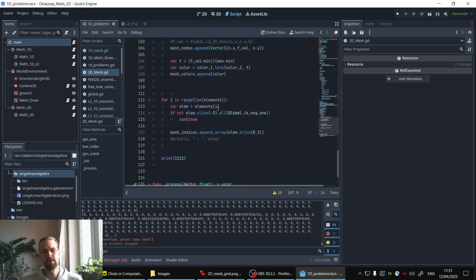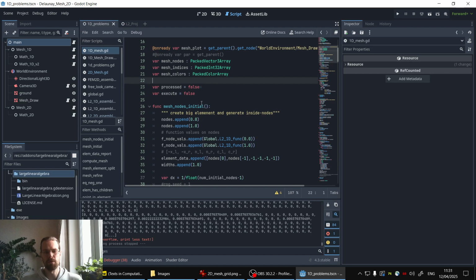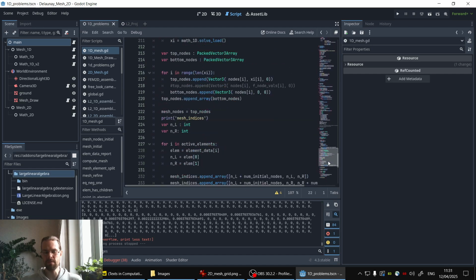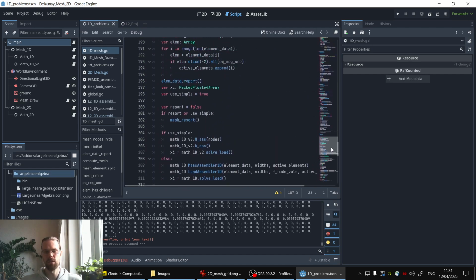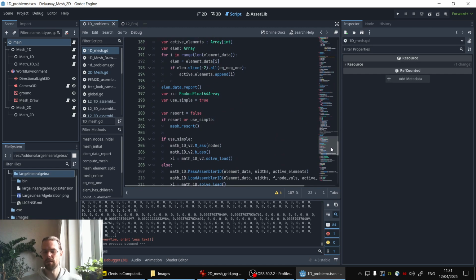Okay, maybe some additions. I did some tests. For example, for one dimension, I manually reordered, I did our procedure splitting, and then I reordered all this data structure as in the simple case. What it did, it shuffled columns or rows of these M and B matrices.